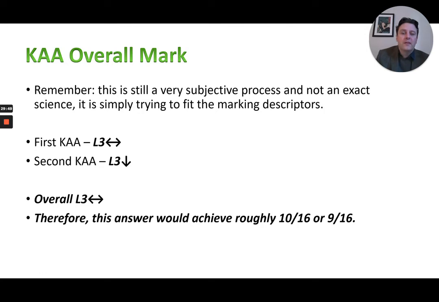So the overall mark for KAA is fairly subjective. It's not an exact science for examiners, so it can be quite difficult sometimes for answers to fit the marking descriptors, but we want to find as many marks as possible. So we're always marking this kind of holistically. This answer, for just the KAA marks, would be about 10 out of 16.